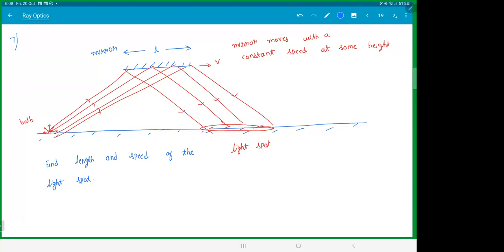Any answers? Will the length depend on the position of the mirror? It doesn't actually. It doesn't depend. I would have given it if it depended. Think, I'll give a minute and then I'll show you.